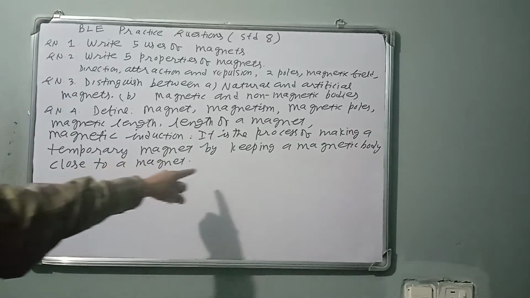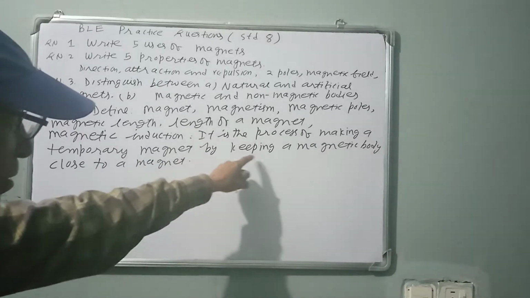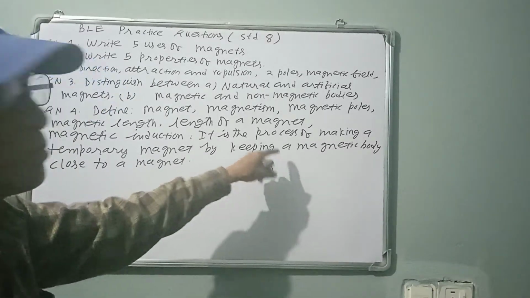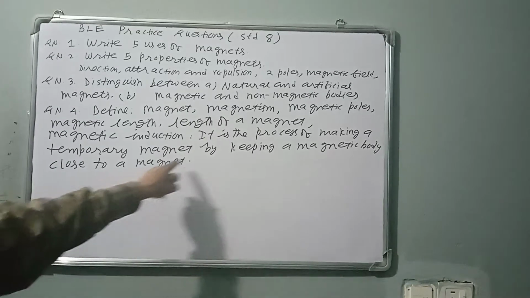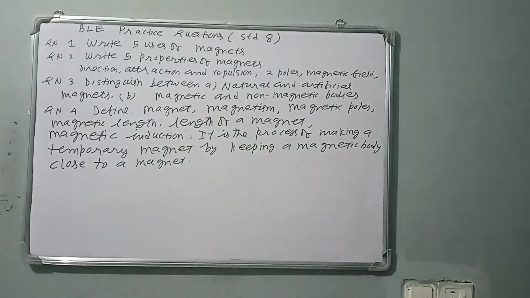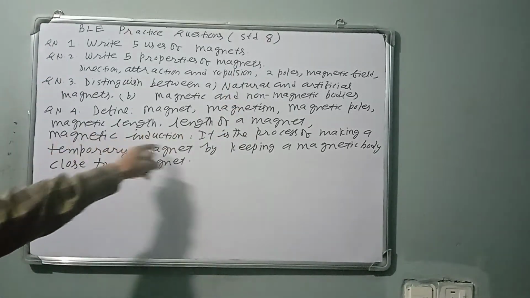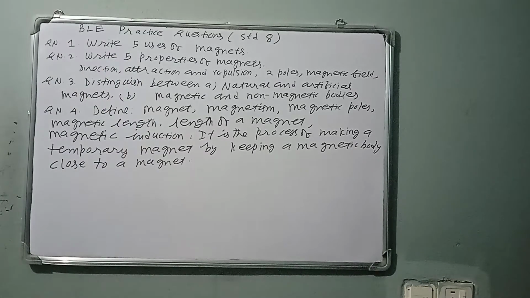When a magnetic body is kept or allowed to touch or being very near to a magnet, the magnetic body becomes a temporary magnet. This process is magnetic induction.